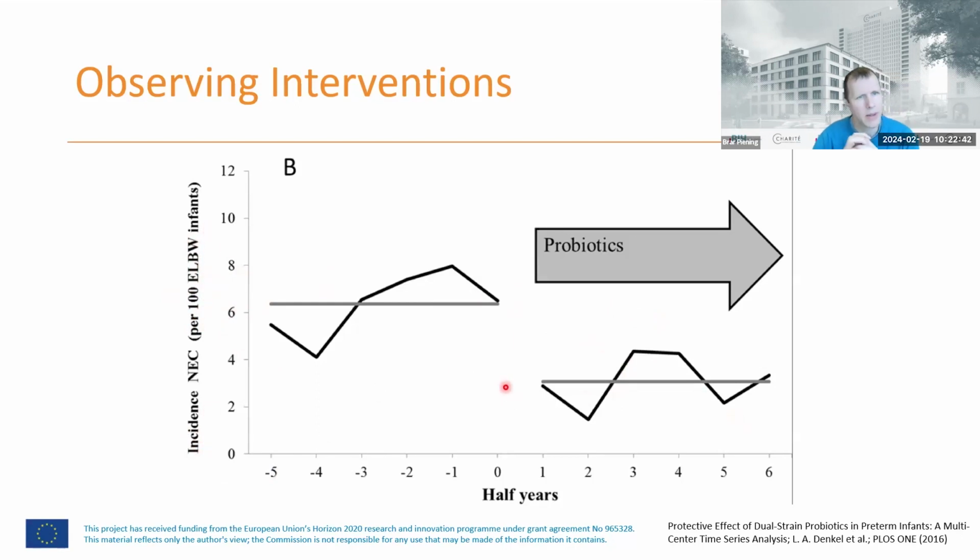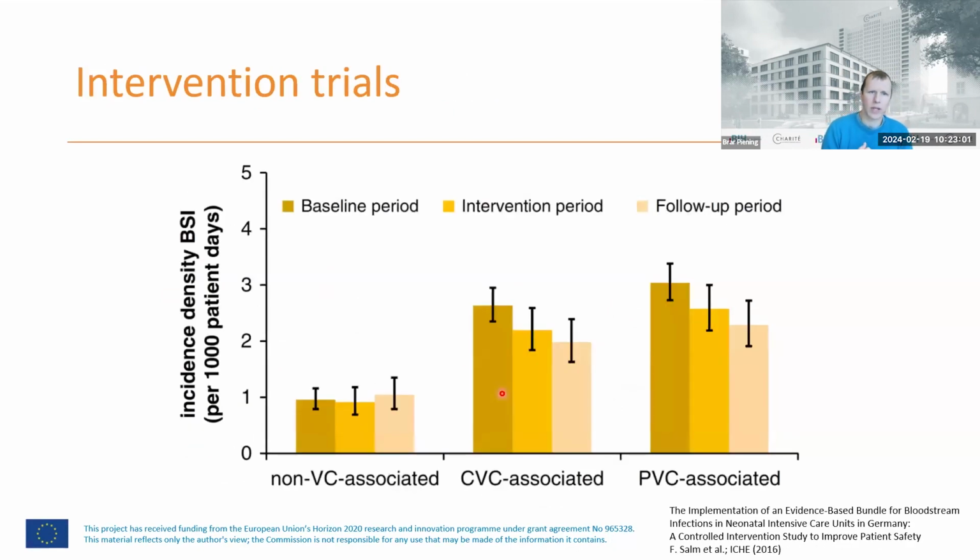So from a surveillance system, or even from a ward surveillance, you can also observe your interventions, even if these interventions happen without being in a formal trial. And you can also, as the highest level, plan intervention trials within a surveillance system, and this is an intervention trial we did.